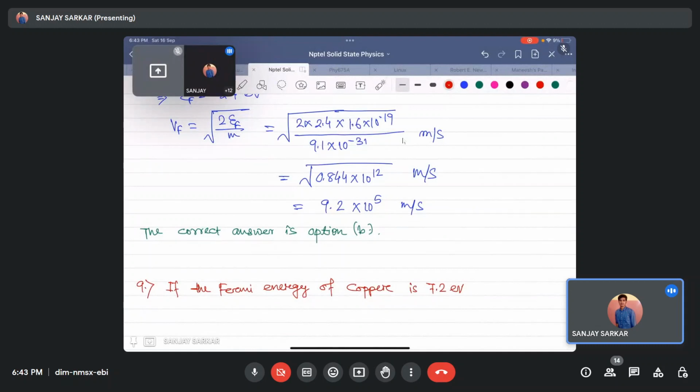If the Fermi energy of copper is 7.2 electron volt, calculate the de Broglie wavelength of the electron.